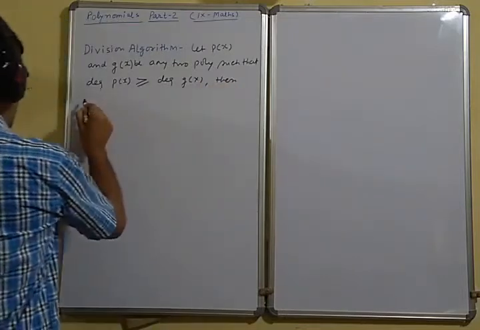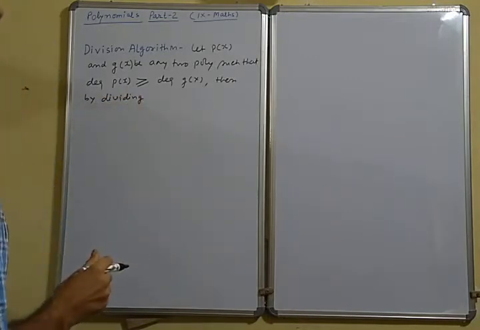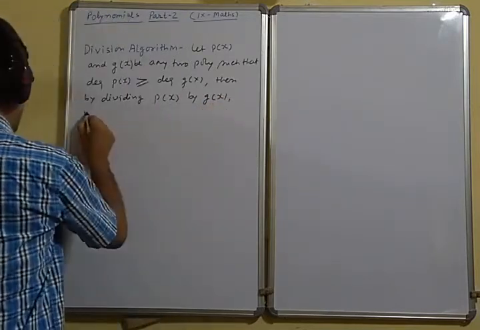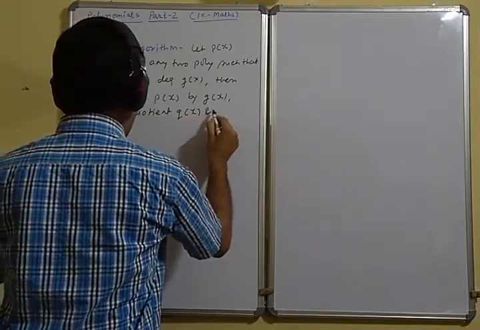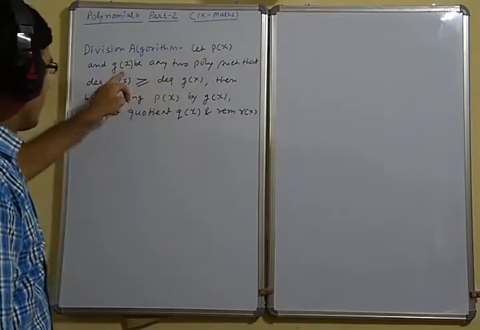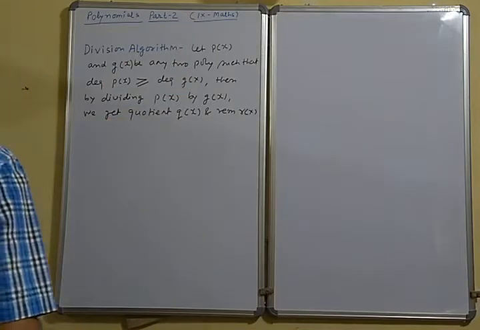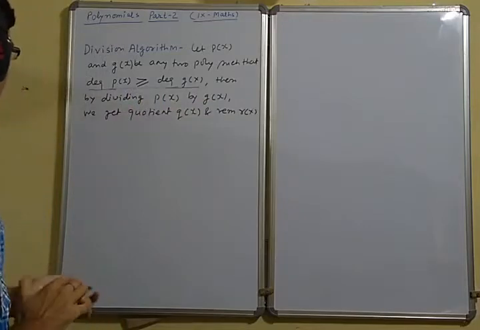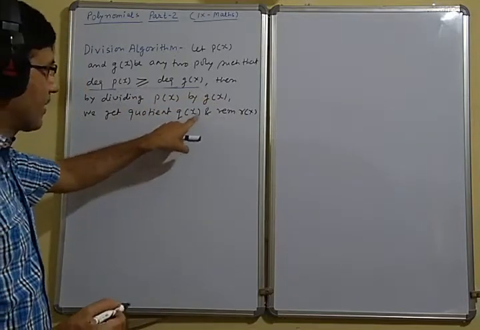Then by dividing p(x) by g(x), we get quotient q(x) and remainder r(x). This is the division algorithm.